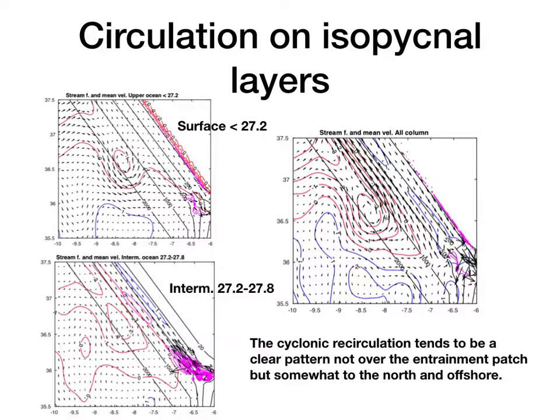The most important point here is that we indeed see the generation of the cyclonic flow, but interestingly, it's not right over the entrainment area, but somewhat displaced offshore and to the north. That's a clear pattern in the different experiments, and becomes much clearer in this experiment with the extended margin.